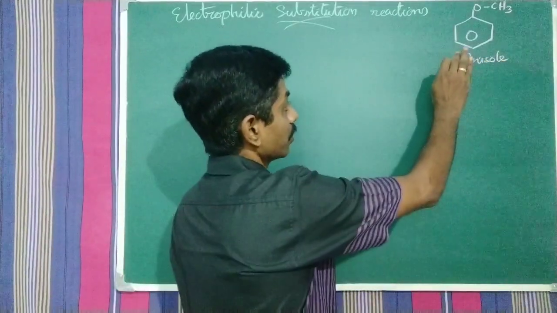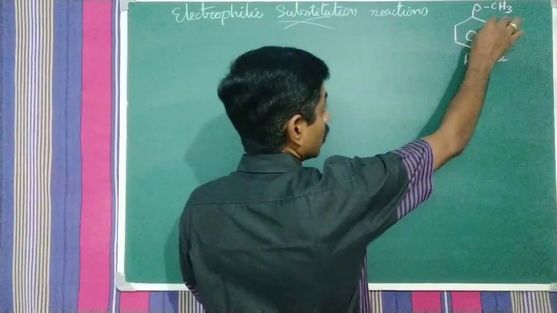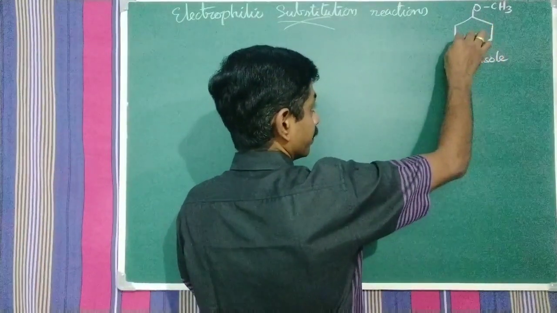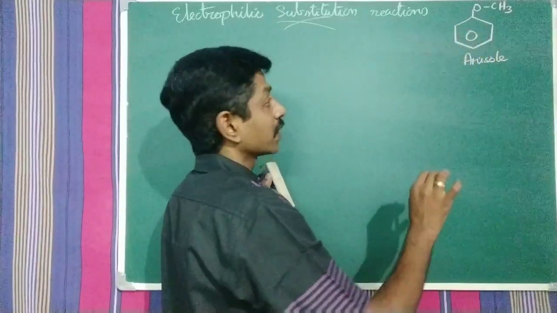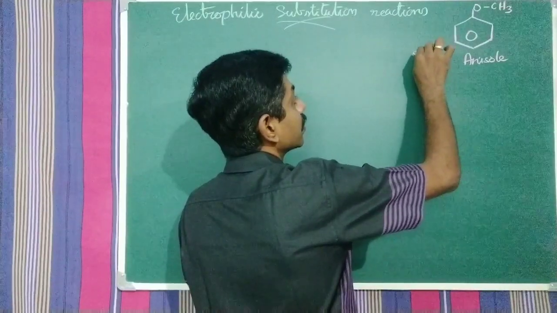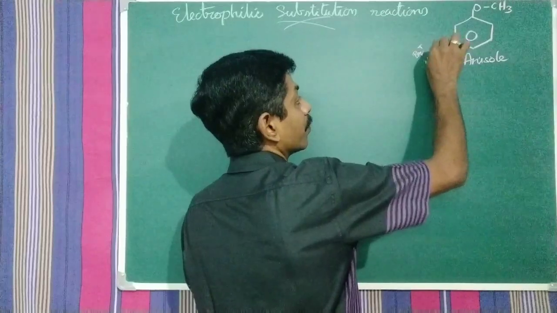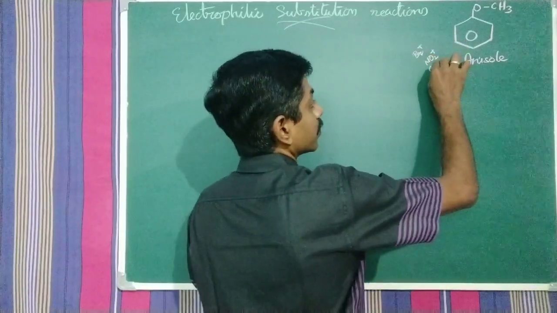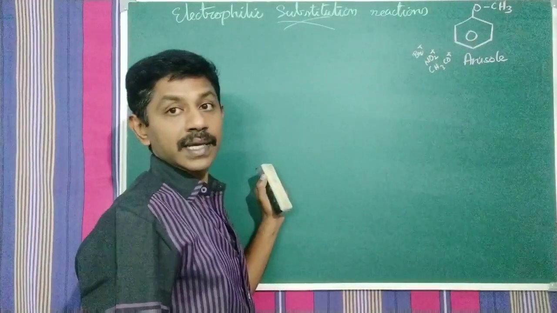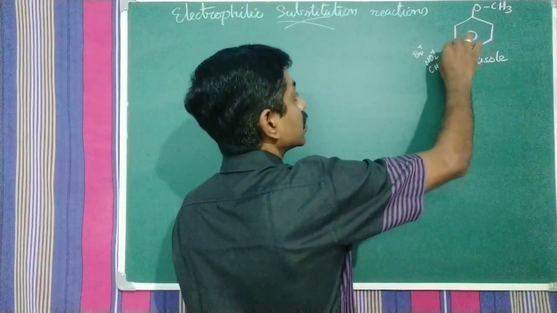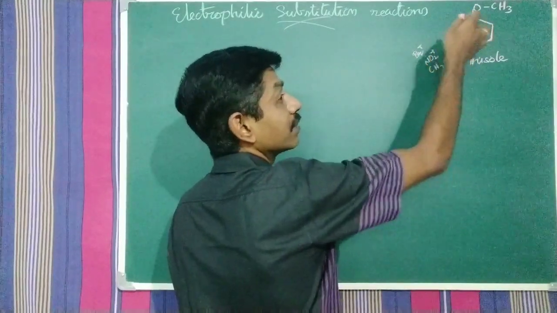This is nothing but anisole. So whenever we are talking about anisole's chemical behavior, it has also benzene ring, and benzene ring can invite electrophiles. What are electrophiles? Like bromonium ion or nitronium ion or CH3CO plus group. This is acetyl cation. All these groups are electrophiles, electron lovers.